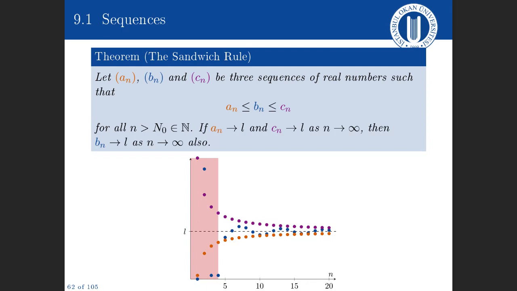We only care what happens at the end of the sequence. And at the end of the sequence, we must always have the orange is smaller than blue is smaller than purple. Back to the theorem. If a_n converges to L and c_n converges to L, then the middle sequence must also converge to L.